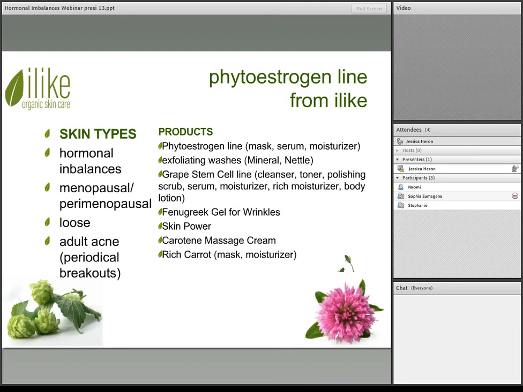We also recommend the Rich Carrot products to help with dryness and flaking and irritation that could be associated with anyone going through more invasive, stronger treatments, say, for example, like laser treatments or microdermabrasion or even stronger chemical peeling. The mask, of course, is a weekly treatment that's applied once or twice a week.